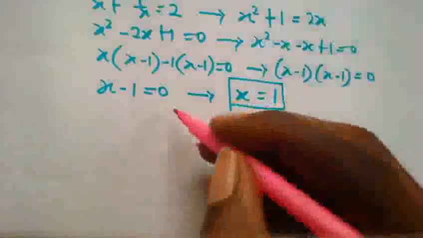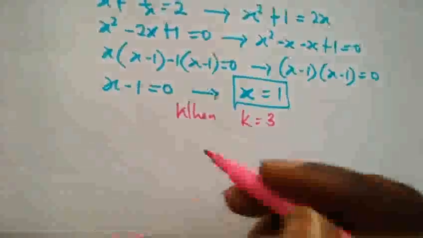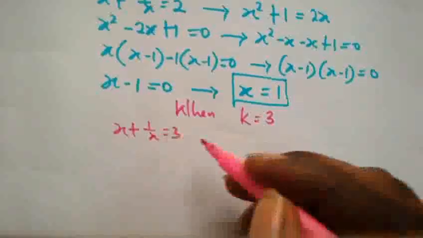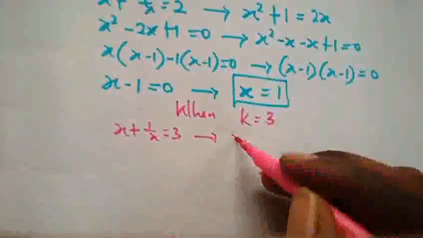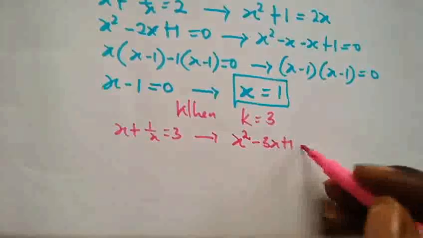So we now say that when k is equal to 3, we're having (x squared plus 1) all over x is equal to 3. Multiplying both sides by x and simplifying, we have x squared minus 3x plus 1 is equal to 0.